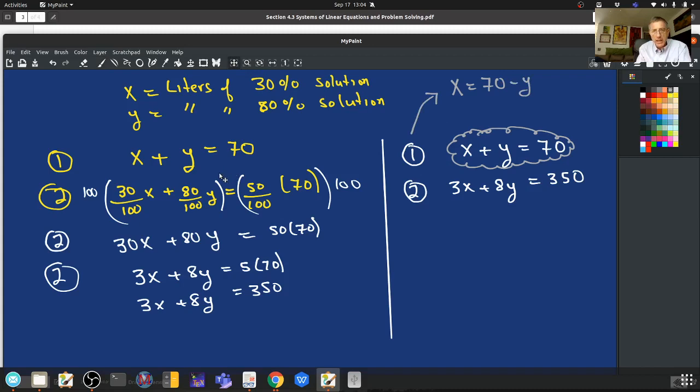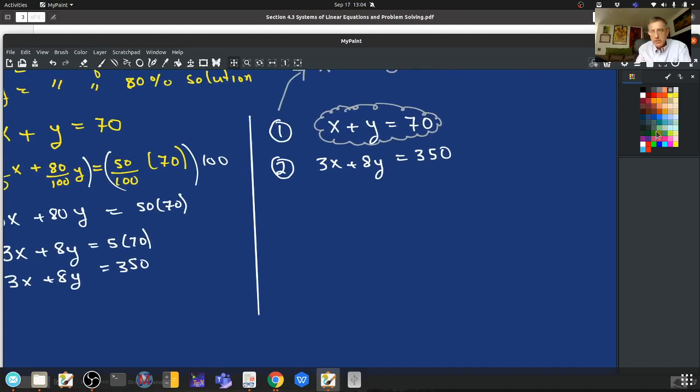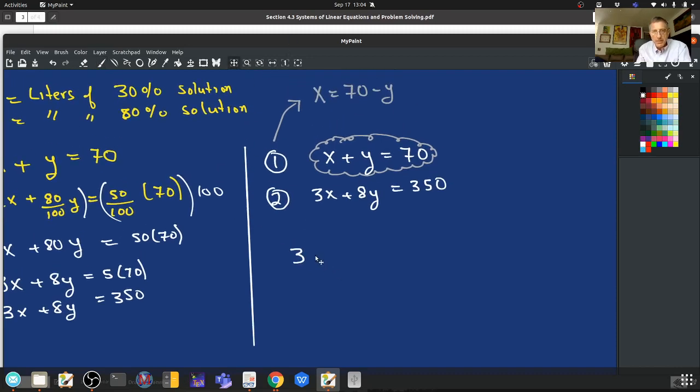So looking at equation 2, wherever I see x, I'm going to plug in 70 minus y. And that's going to give me 350.